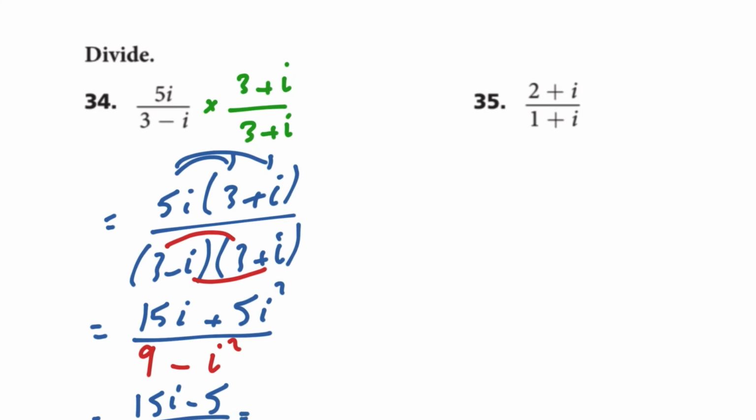So it's gonna be, reordered, -5 plus 15i divided by 10. We can simplify each by 5. So divide by 5, -1, divide by 5, 3, divide by 5, 2. So the final answer is -1 plus 3i divided by 2.